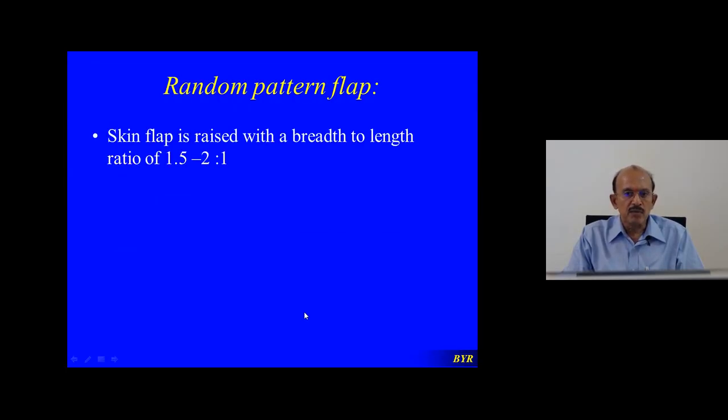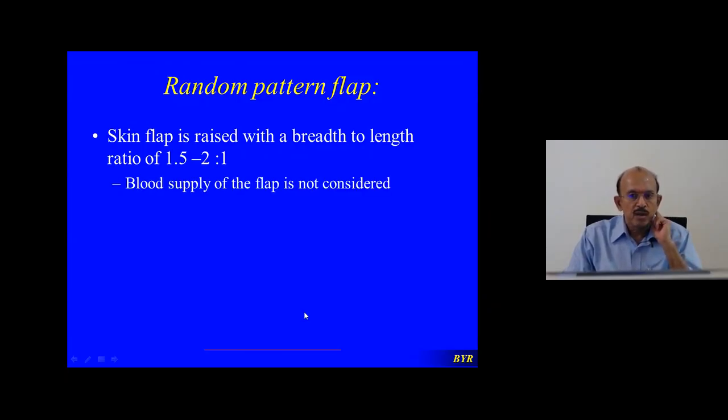So random pattern flap, skin flap is raised with a breadth to length ratio of 1.5 to 2:1. So if the length is 1 centimeter, the base should be minimum between 1.5 to 2 centimeters. Blood supply of the flap is not considered here. So you don't look for the blood vessels. Anywhere you can construct this random pattern flap.